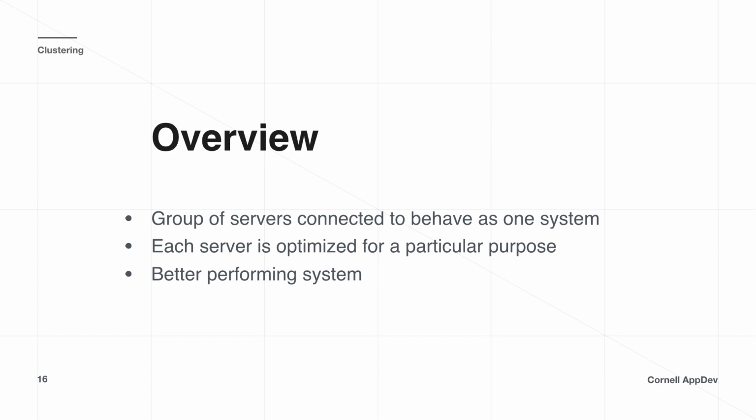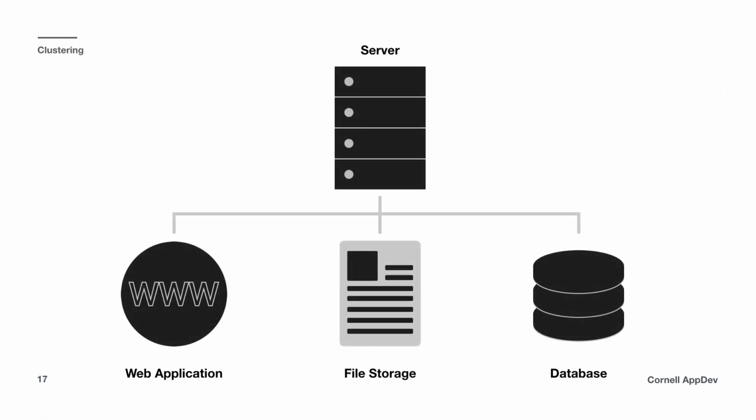And we can even do some cool things beyond just having individualized servers. We can do load balancing, which we'll get into later, but ultimately it's just about better performance. So this is an example of what we could do currently. We have a single server right now running a web application. For us, it could also be running SQLite, so it has its own database system.